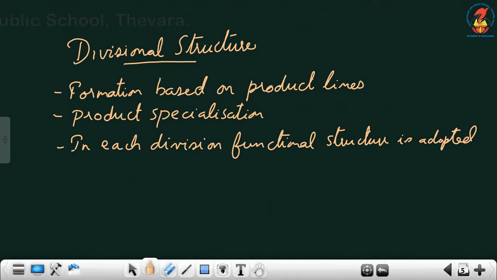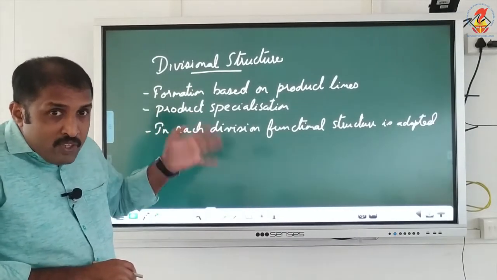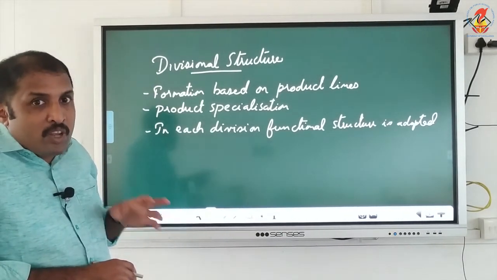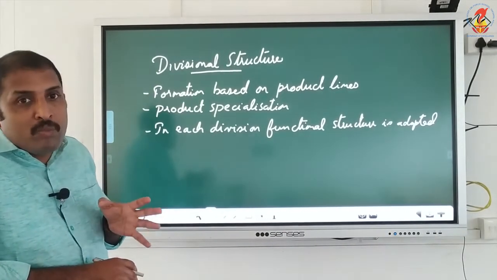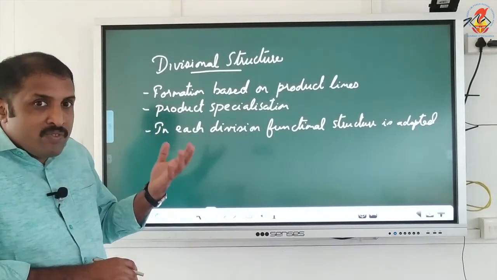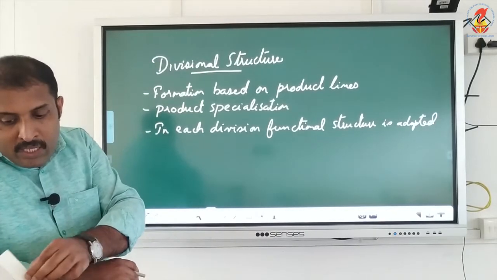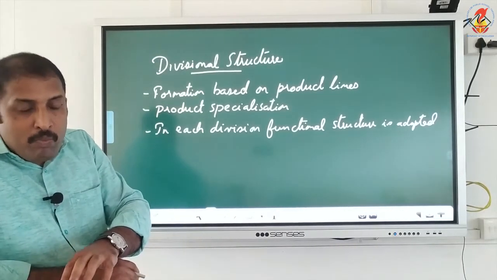In each department, in each division, there will be a functional structure adopted. That means each department has to perform the functions, whereas in functional structure it is done only once. So that is also another thing which you have to keep in mind.